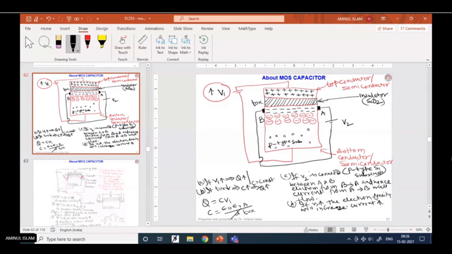So what does it mean? It means that if we increase the voltage V1, your current increases. You get a voltage-current control relation. It means we get a voltage controlled current source.